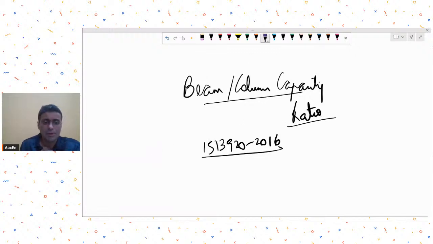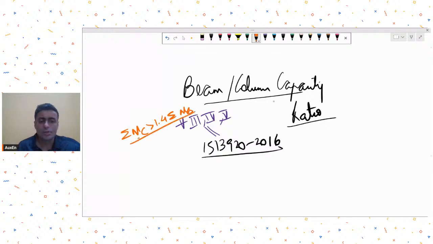But now, this code quite clearly says that for zone 3, 4, 5, and now after the revision is introduced, maybe zone 6 also, you have to take beam column capacity ratio and ensure that the moment carrying capacity of column is 1.4 times the moment carrying capacity of beams. So you cannot put no over here.